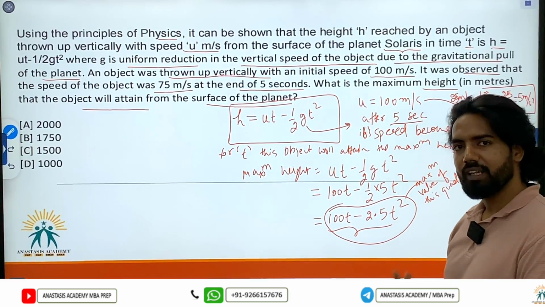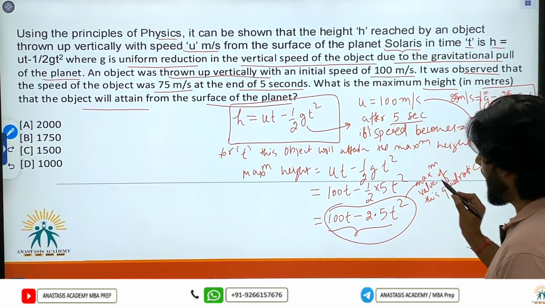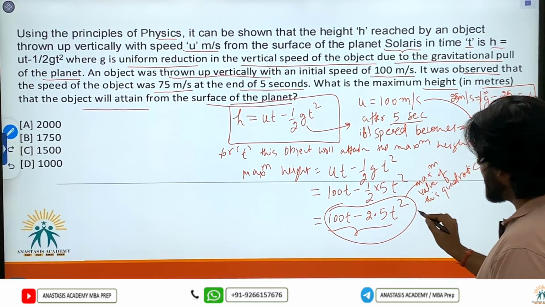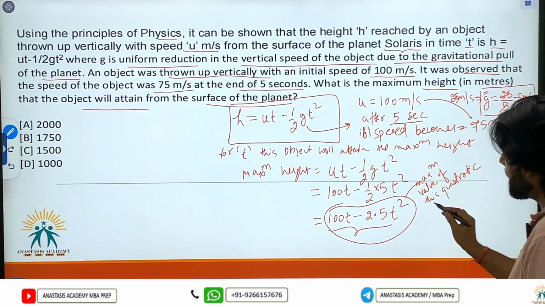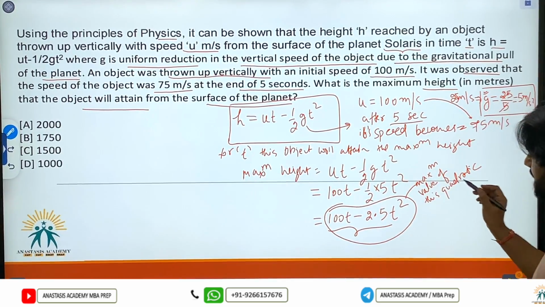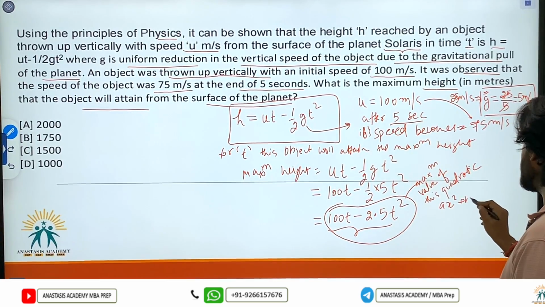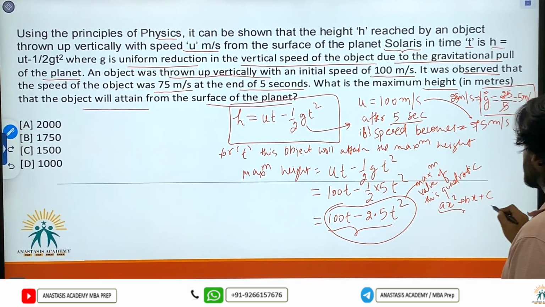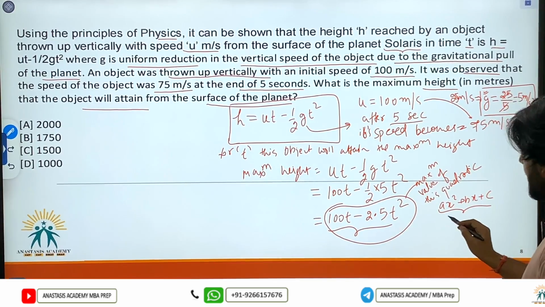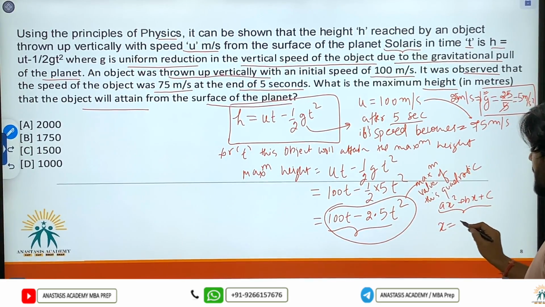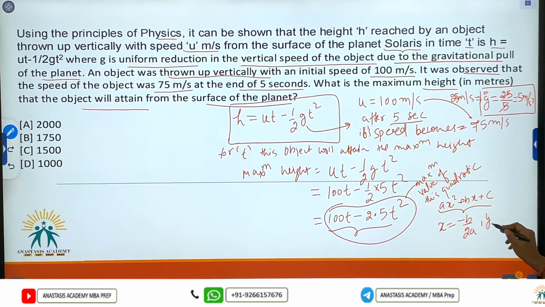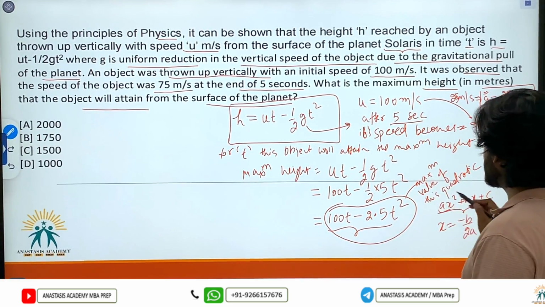We know that if the function is ax square plus bx plus c, the maximum of this quadratic will lie at x equal to minus b upon 2a, and that maximum would be minus discriminant upon 4 times the coefficient of x square.